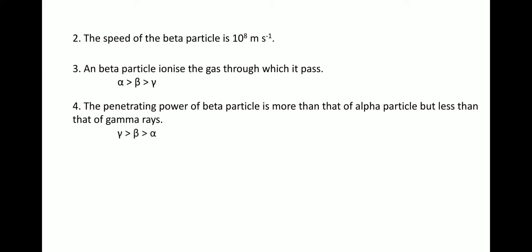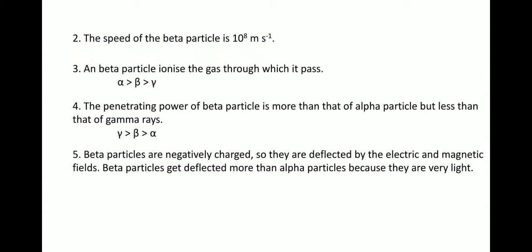So again, if you look at the penetrating power, then beta rays is in between. It has the medium power compared to the gamma rays which has the highest penetrating power, and alpha particles which has the lowest penetrating power.